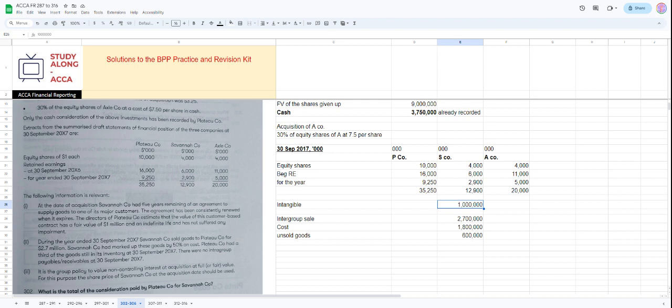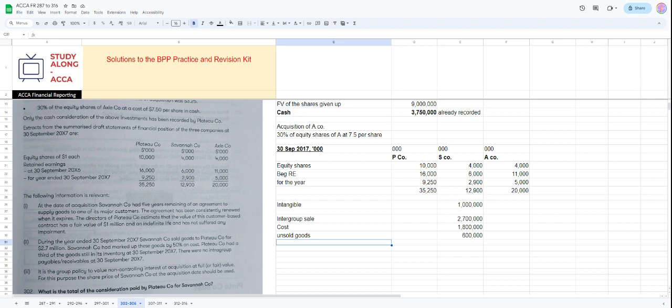During the year to 30th September 2017, S company sold goods to P company. There is an intergroup sale of 2.7 million. S company had marked up these goods by 50% on cost, so their cost is 1.8 million, and the intergroup sale is 2.7, and there is unsold goods of 600,000.